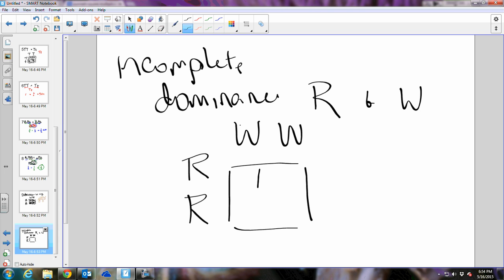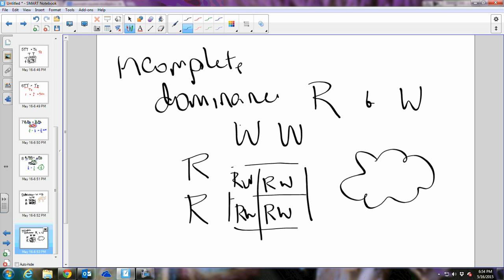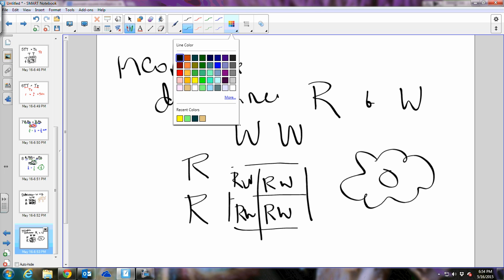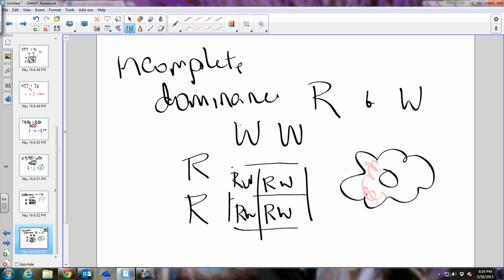Well, you're going to get this mix in all the squares. In this case, instead of having spots, you're going to have flowers that are pink, neither red nor white, because white and red are neither completely dominating.